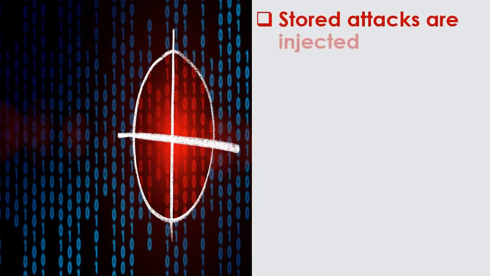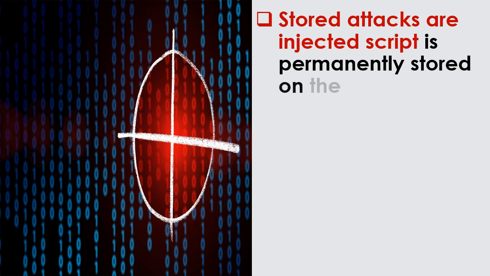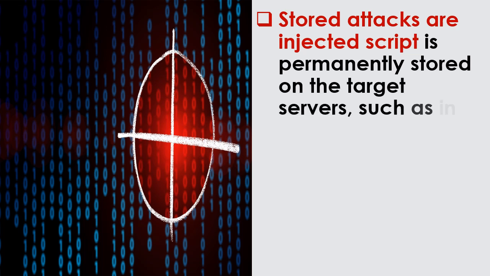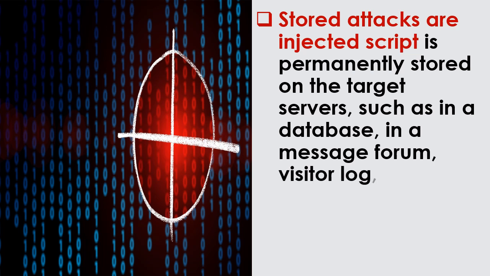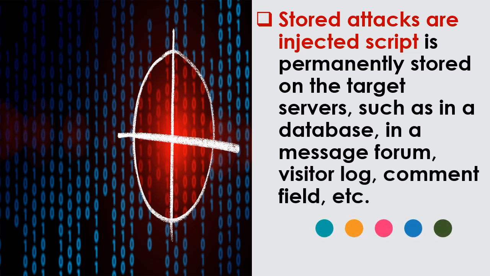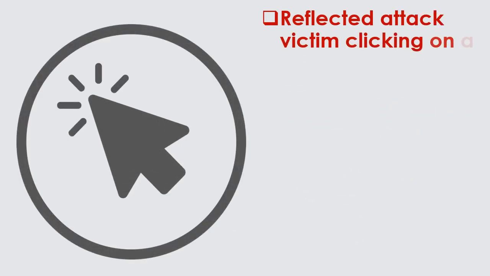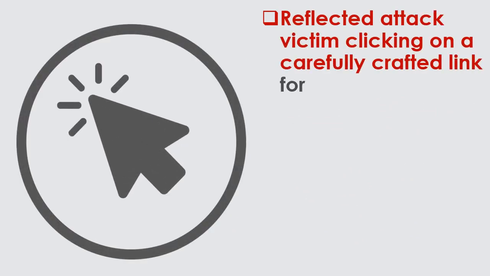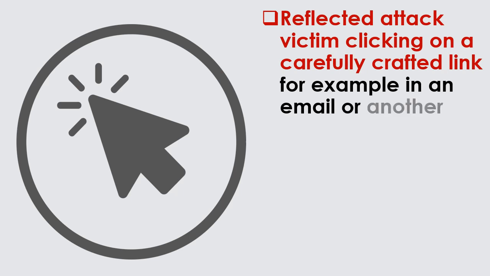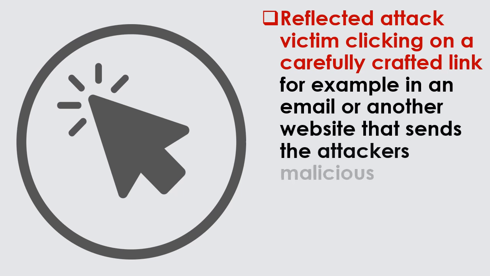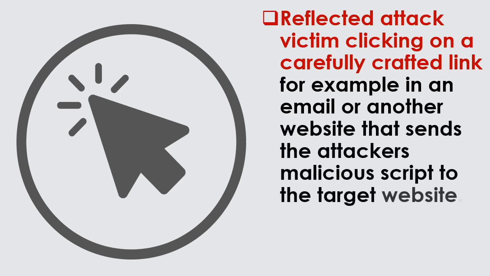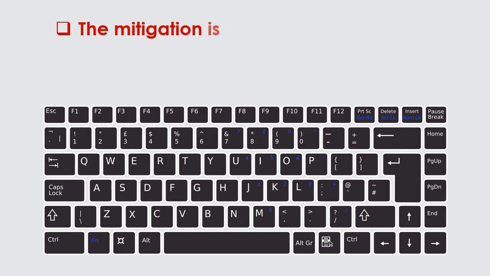Stored attacks are where the injected script is permanently stored on the target servers, such as in a database, message forum, visitor log, or comment field. Reflected attack: the victim clicks on a carefully crafted link, for example in an email or another website, that sends the attacker's malicious script to the target website. The mitigation is to never trust user input.